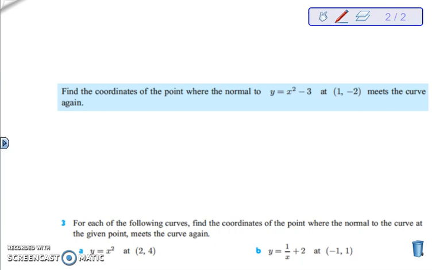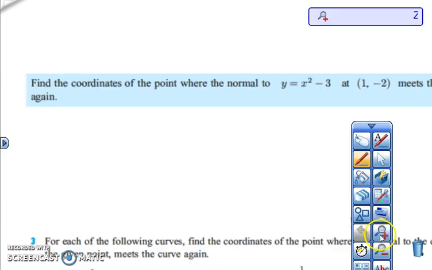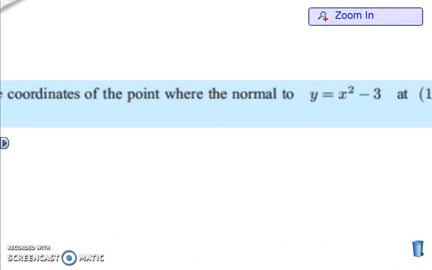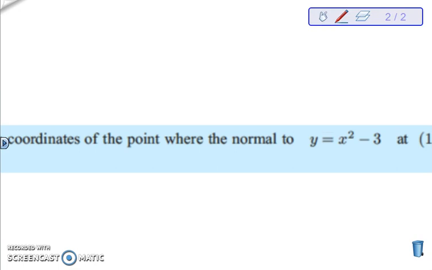We need to find the coordinates where the normal line hits the curve again. So again, this is just like we did before. We're going to find the equation of the normal line using the derivative. So if y is x squared minus 3, that means that y prime is equal to 2x.